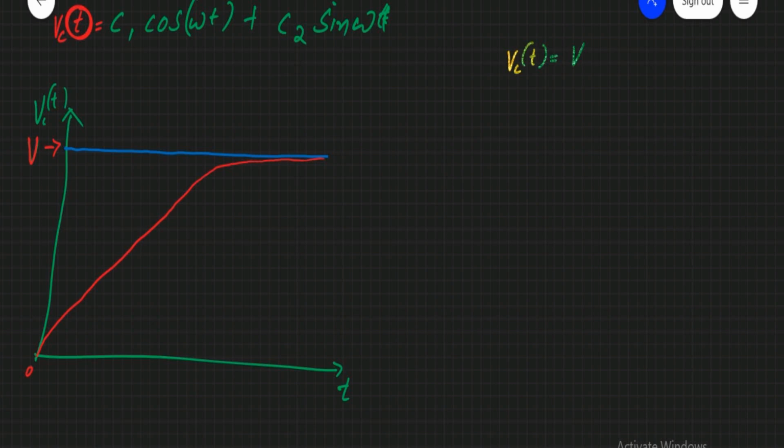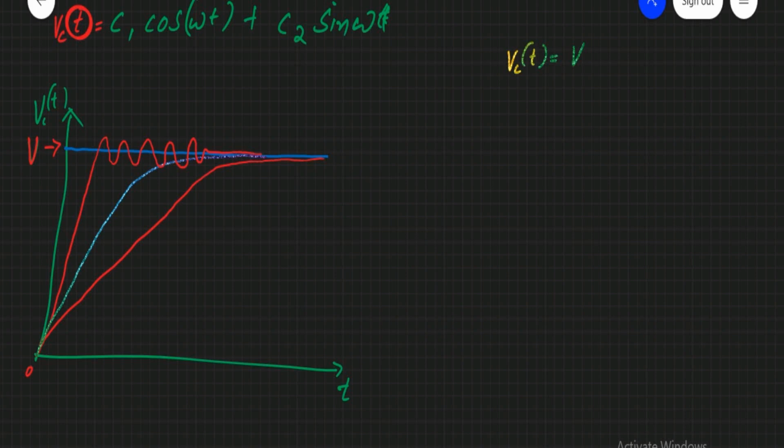Next, let us draw for critically damped. So this is a graph for critical damping. Let us draw a graph for underdamped. This is a graph for your underdamped.